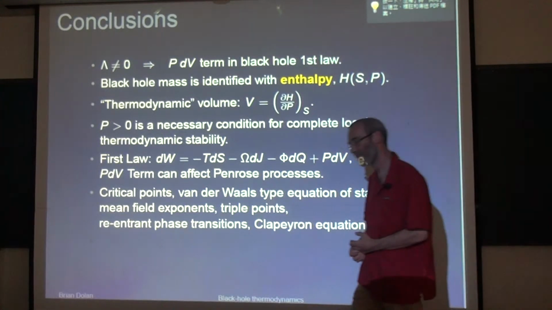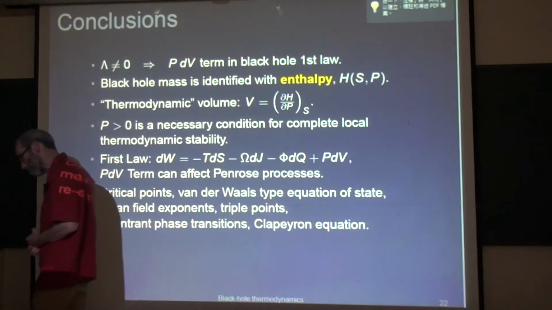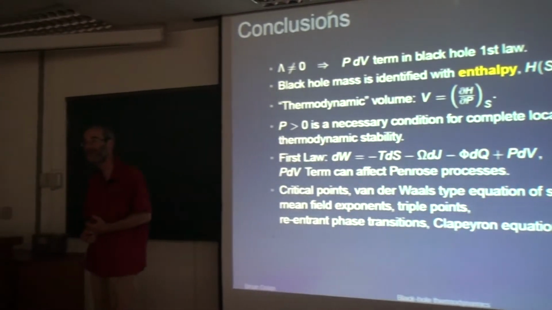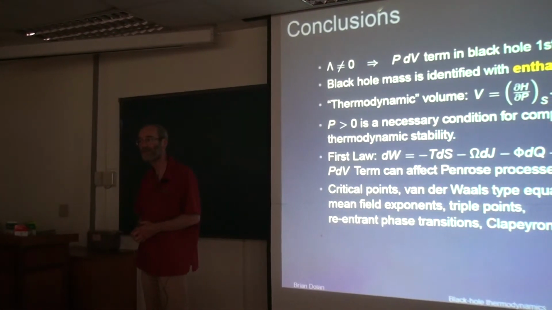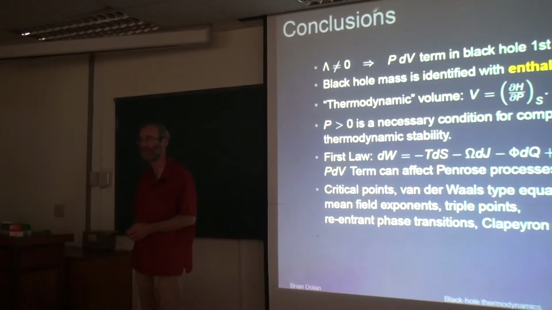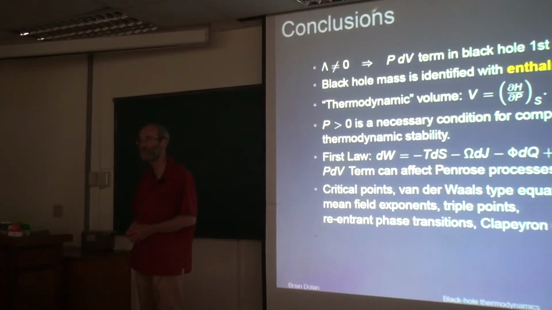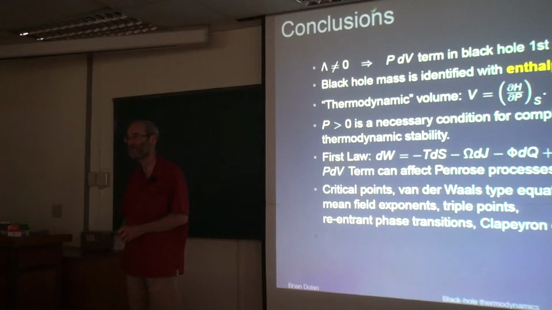As you pointed out in your talk, you think that the mass of the black hole is more like enthalpy than just energy. So that means that the mass is actually contributed by both the things that make up this black hole, the thing that collapses, as well as the vacuum energy.